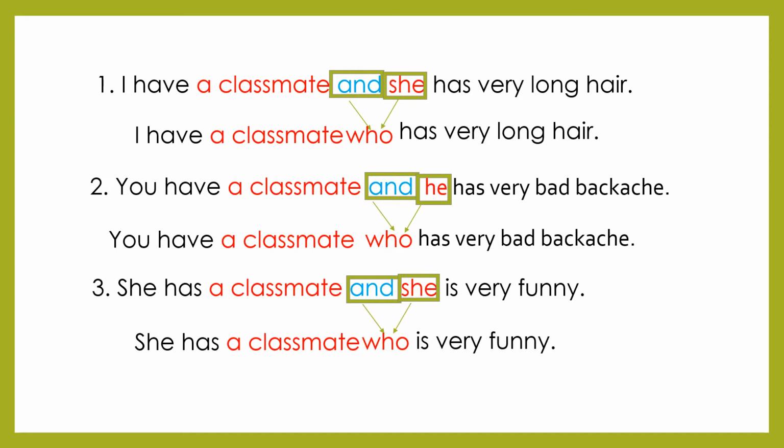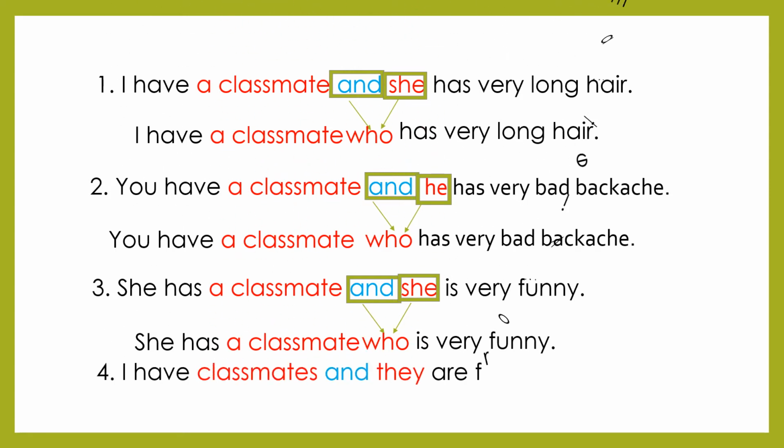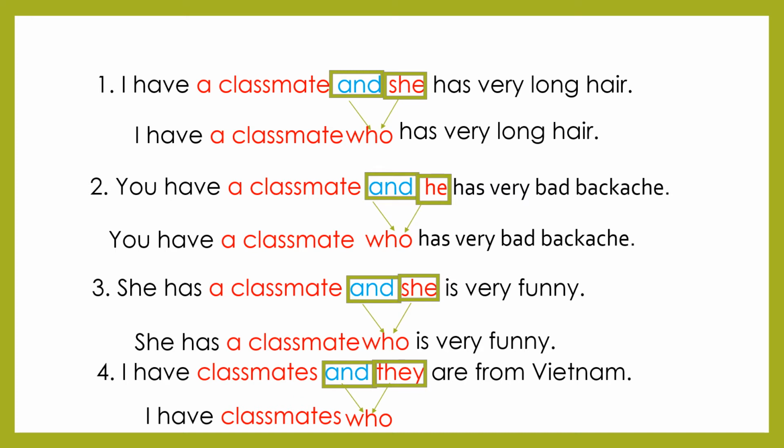We can combine "and" and then "she" into one, which is, you write who. And the rest doesn't change. So the sentence we get is: she has a classmate who, can you finish it? Yes, is very funny. She has a classmate who is very funny. So who is the subject of is?